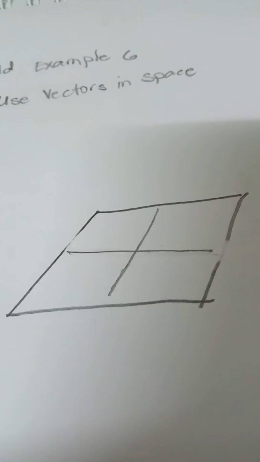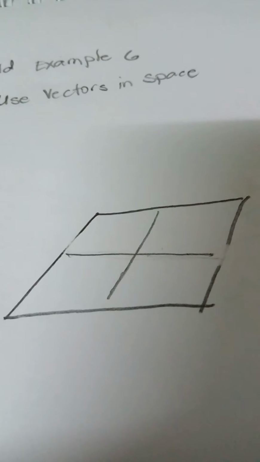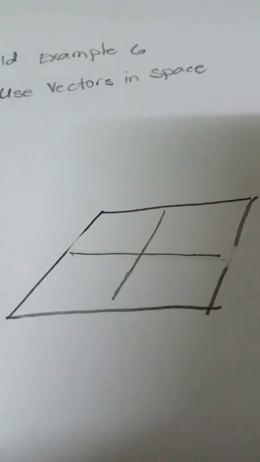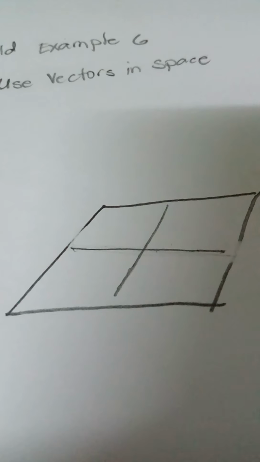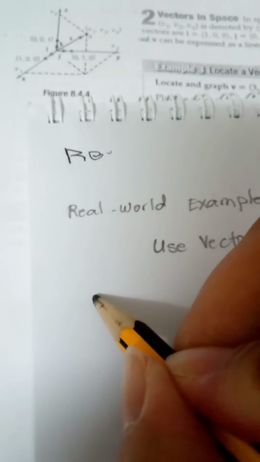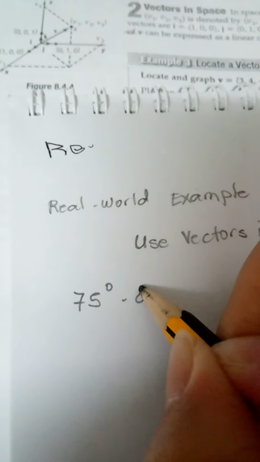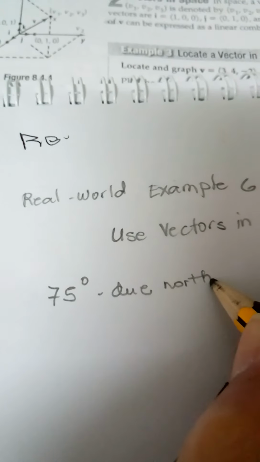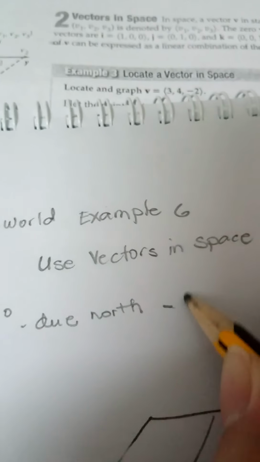The easiest way to solve this problem is to draw the given. There's a given that the model rocket is headed due north and climbing at an angle of 75 degrees relative to the horizontal.